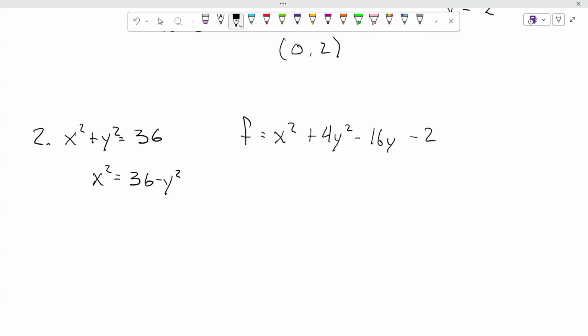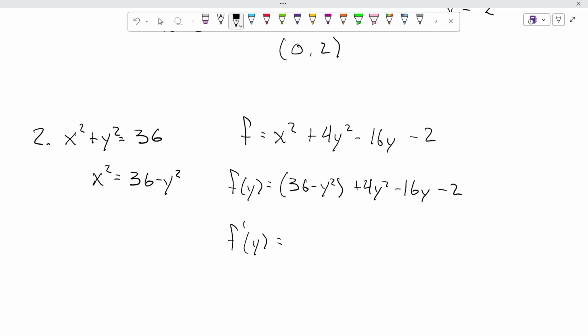There is no linear x term over there, which is why I'm thinking solving the left for x squared is a really good substitution, because when I drop that in, my new boundary function value that depends only on y is going to be 36 minus y squared plus 4y squared minus 16y minus 2, and then I can take a derivative of that and get 6y minus 16 equals 0.